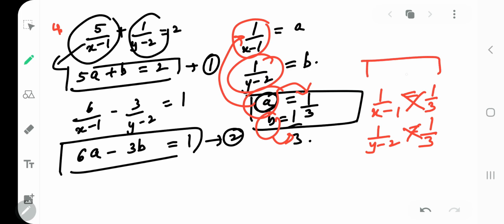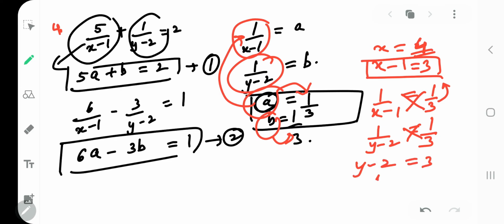Once you cross multiply this, you will get 3 is equal to x minus 1. No, this minus 1 will go here and it will become 4. I am so sorry. That means x is 4. Here also y minus 2 is equal to 3, that means you are getting y value as 5.